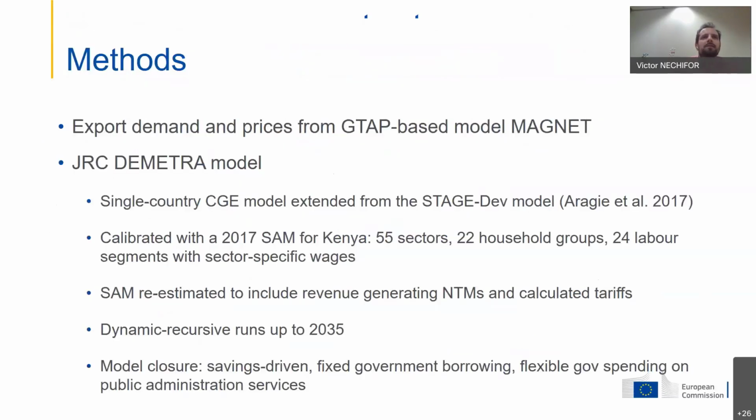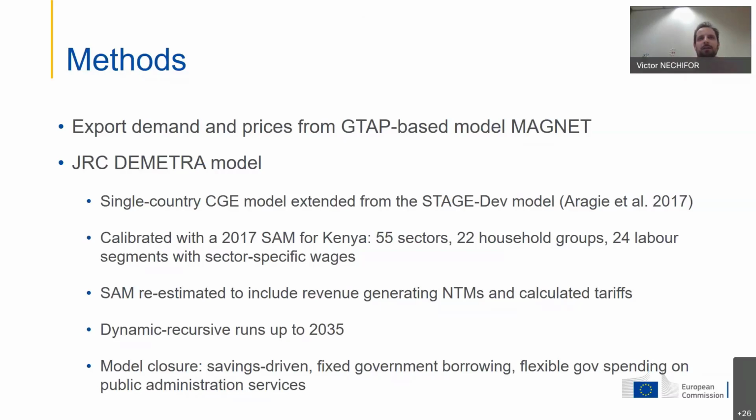For the methods, we use exactly the Magnet results that you've seen in Antti's first presentation of the session, and transpose them into the GRC Metra model, which is a single country CGE. To give a background, it's an extension of the standard model.